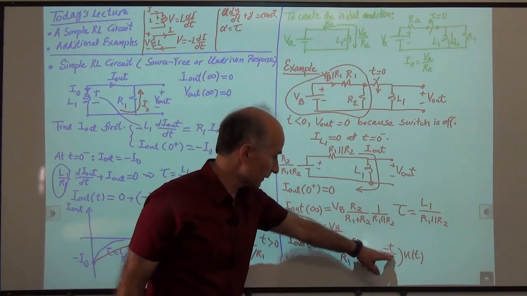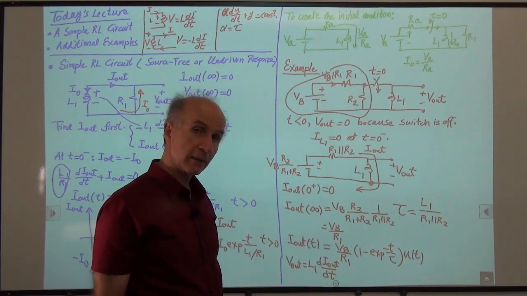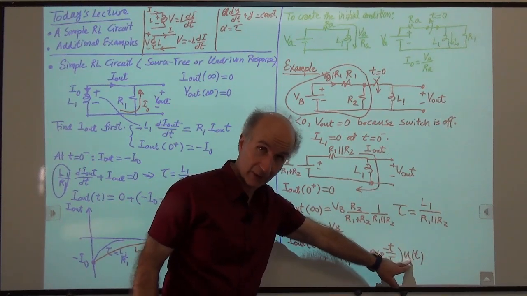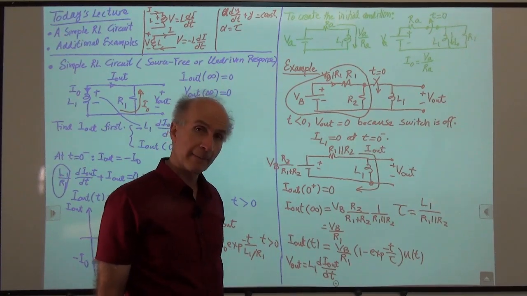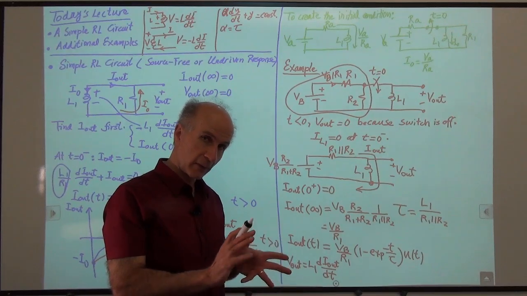So we take the derivative of this, multiply by u of t times L1. Then we take the derivative of u, it becomes a delta, an impulse, multiplied by this times L1, right? Then what happens? Do we have an impulse or not?